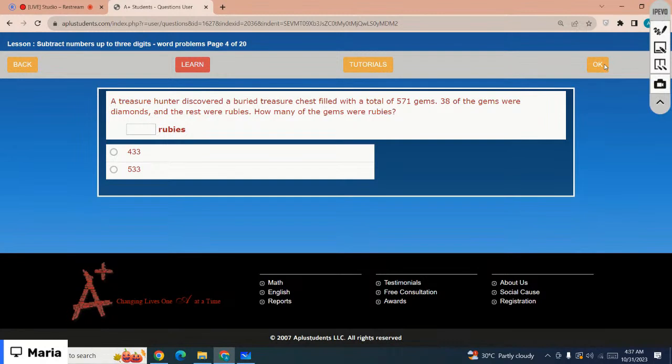A treasure hunter discovered a buried treasure chest filled with a total of 571 gems. 38 of the gems were diamonds and the rest of them were rubies. How many of the gems were rubies? Which is the correct option?